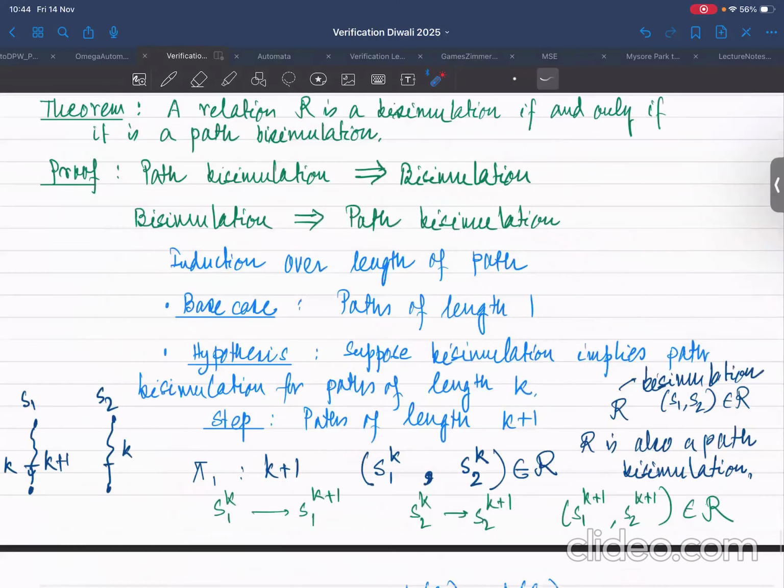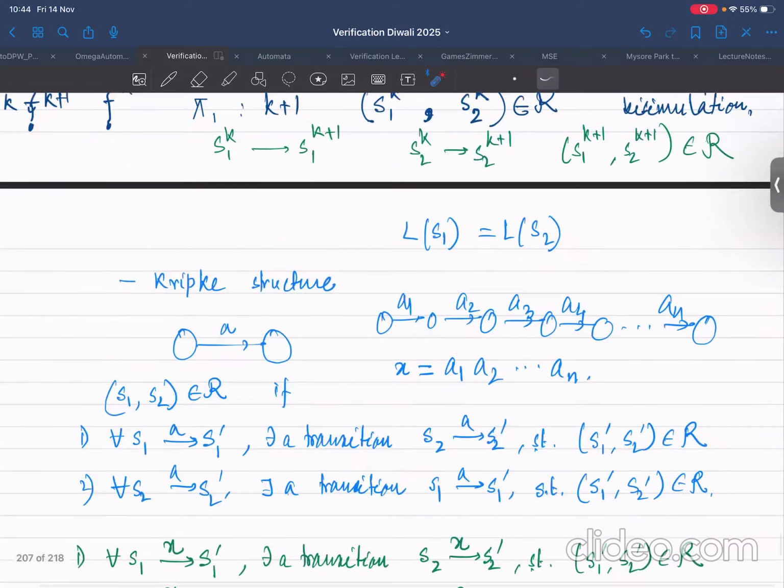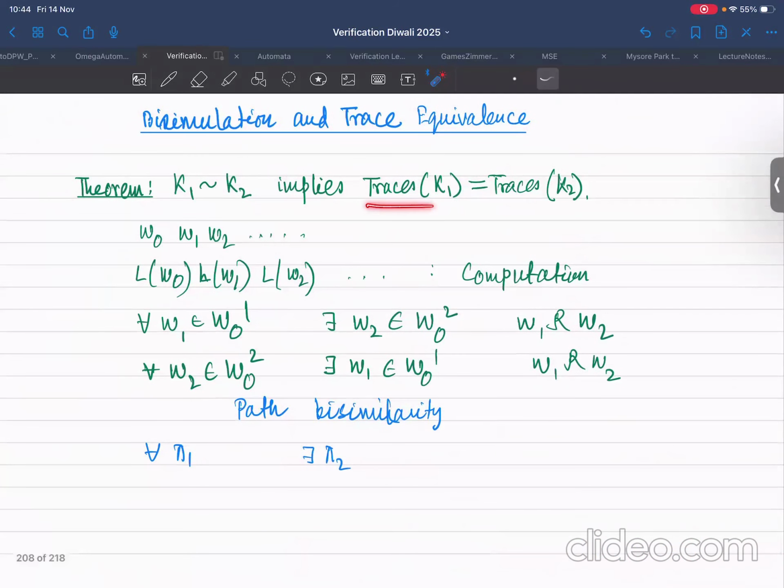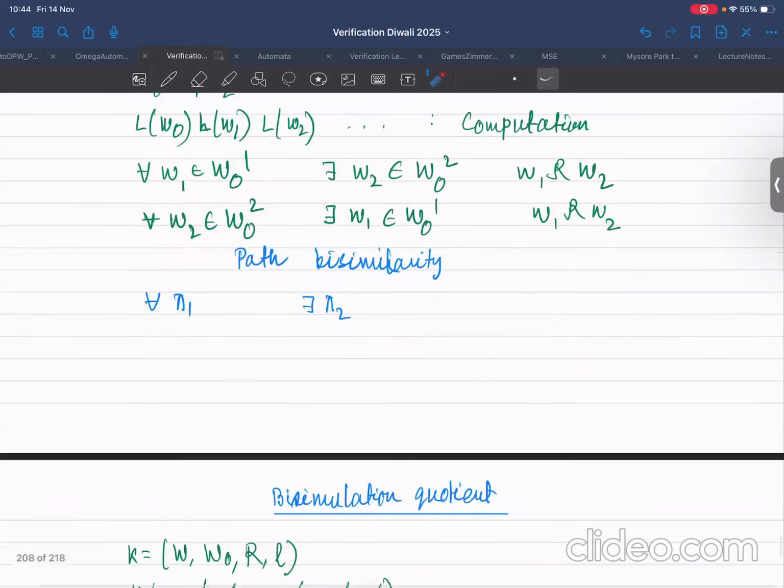Given that if they're bisimilar, then they are trace equivalent, what about the converse? If they are trace equivalent, is it necessary that they are bisimilar? The answer is no. We should be able to find two Kripke structures where the traces are the same, but they are not bisimilar. We'll see that in a while.